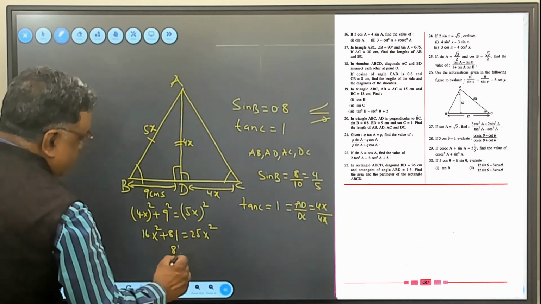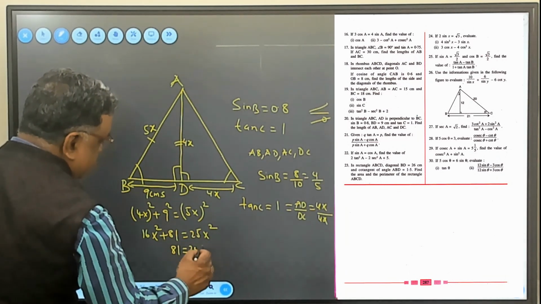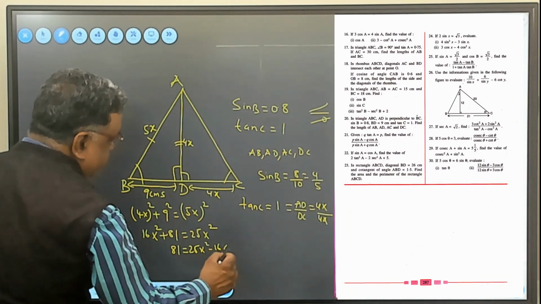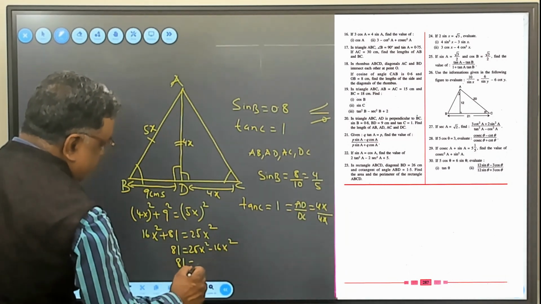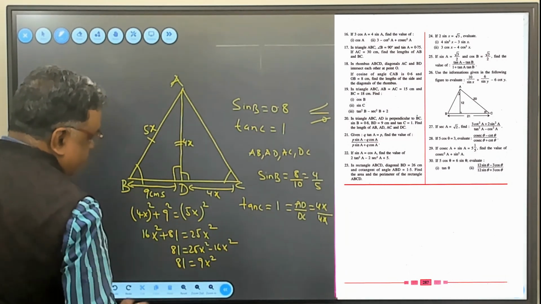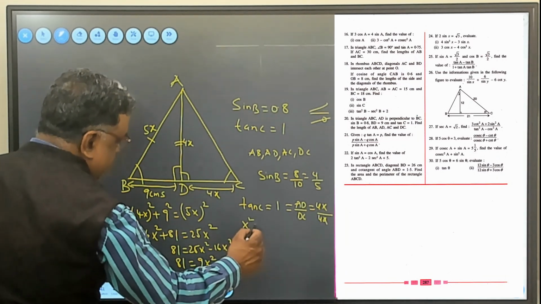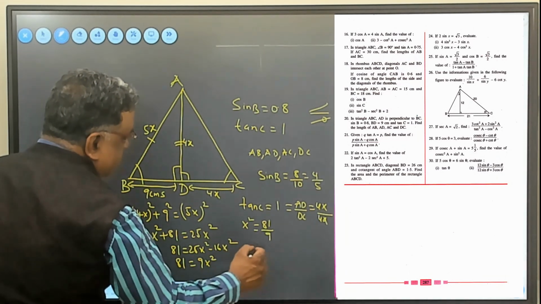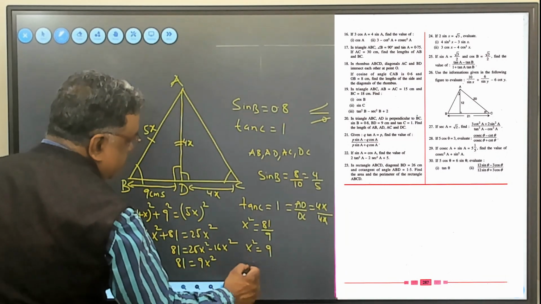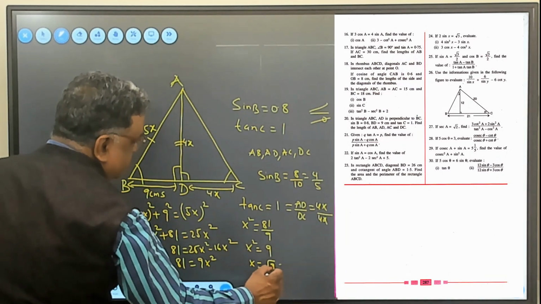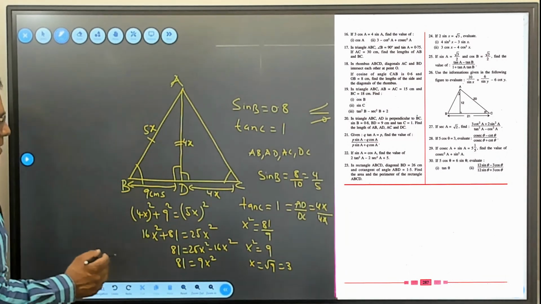Which means 81 equals 25x square minus 16x square. So 81 equals 9x square. Which means x square is 81 upon 9, which means x square is 9. Which means x is square root of 9, which is 3. So the value of x came out to 3.